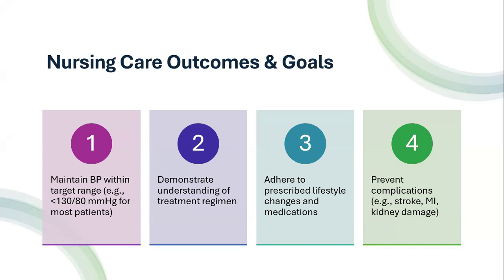Here are the common nursing outcomes and goals for patients with hypertension. The first one, of course, is to maintain the BP within the target range, so under 130 over 80 mmHg for most patients.